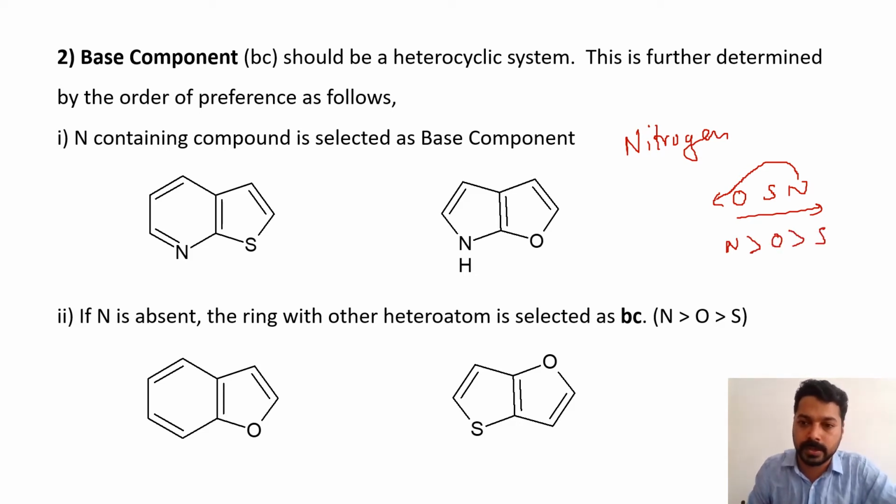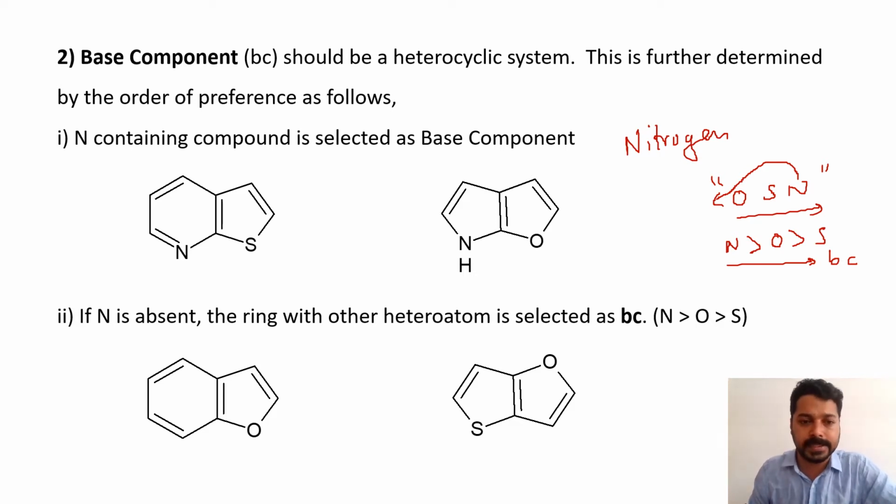This order is only for selecting the base component. Clear? In other cases, for giving numbers and for giving names, this was the order. But when it comes to the selection of the base component, the first importance is given to nitrogen. So a nitrogen containing compound should be selected as the base component. That's the first point regarding selection of the base component.